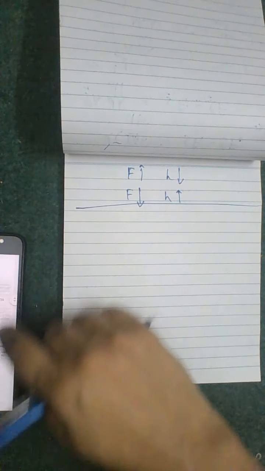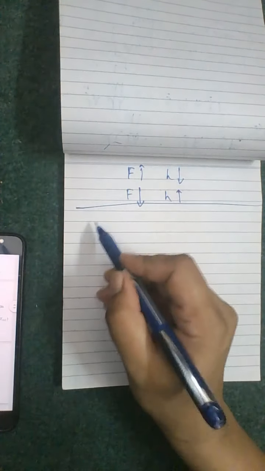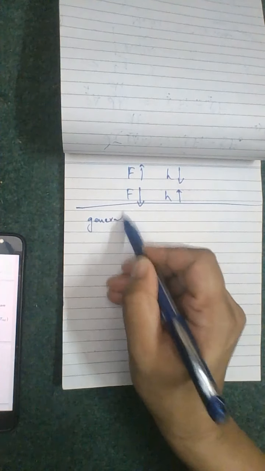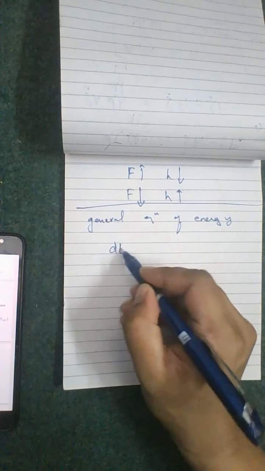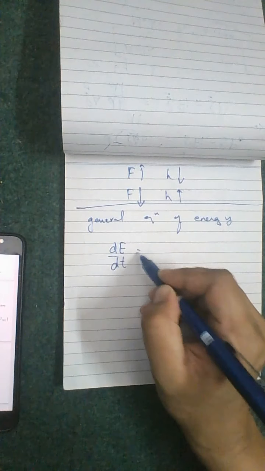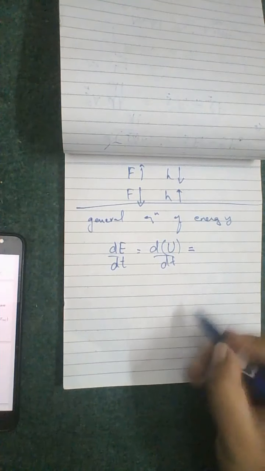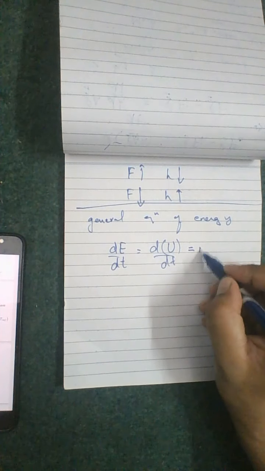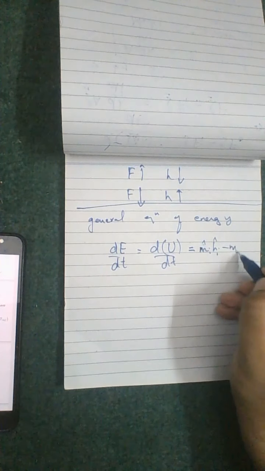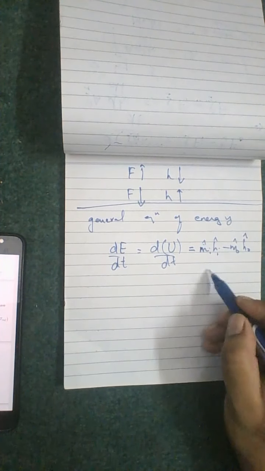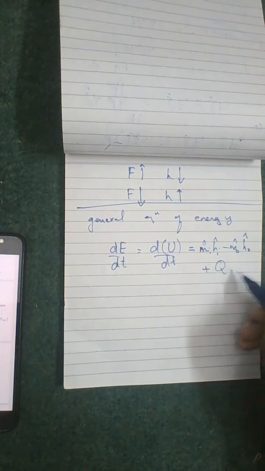Now comes the second mathematical model equation. As we know, the general equation of energy we have developed is dE over dt, which is du over dt, is equal to mass flow rate in into enthalpy in minus mass flow rate out into enthalpy out plus Q. That is the heat added by the heater into the system, plus shaft work.